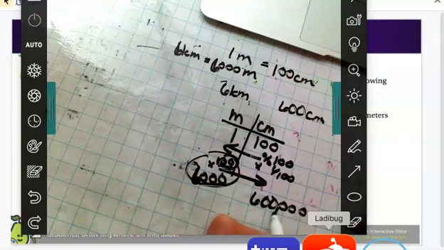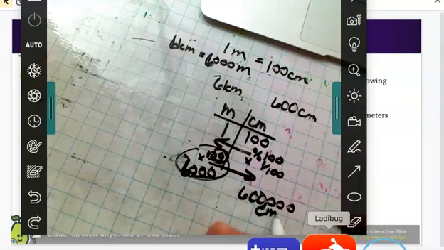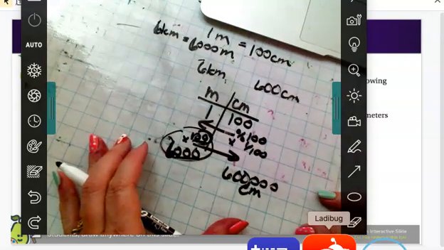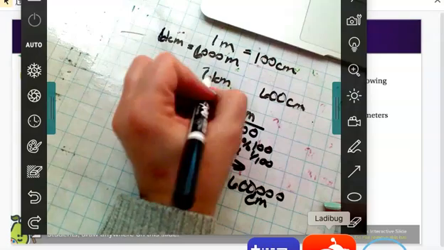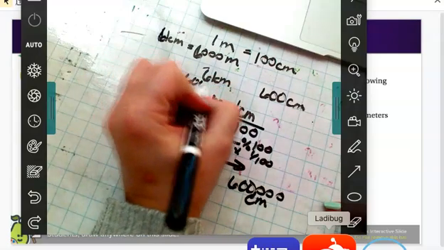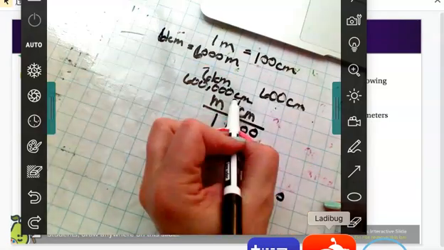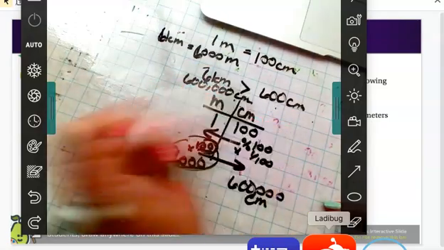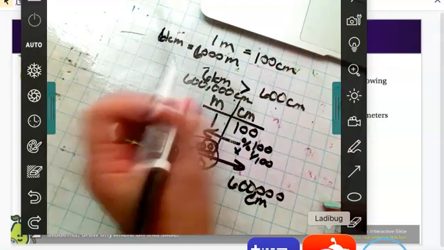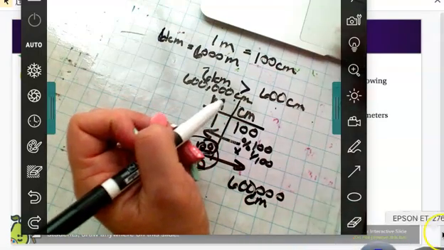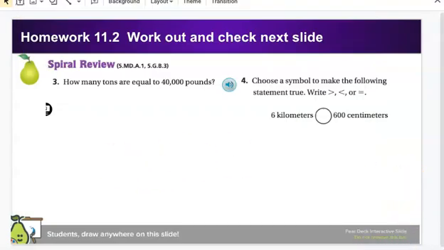So I have 600,000 centimeters. So which one was bigger? Obviously the 600,000 centimeters, which is the same as 6 kilometers. So there's your answer for that problem.